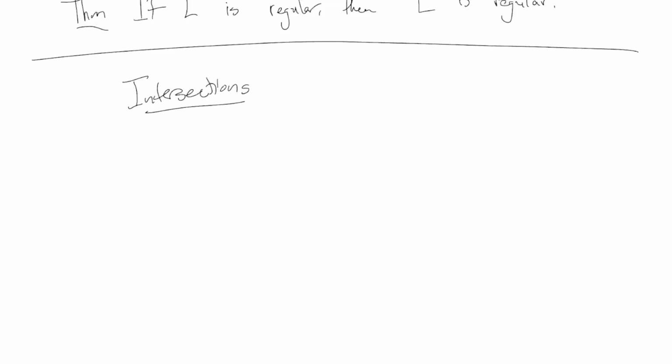All right, let's just do an example here. How about L1 is the set of all things that look like a to the n such that n is even? As a warm up, I'm going to do a very simple example where the alphabet is just A. So not A's and B's, but just A. Just to do an easy one to begin with.